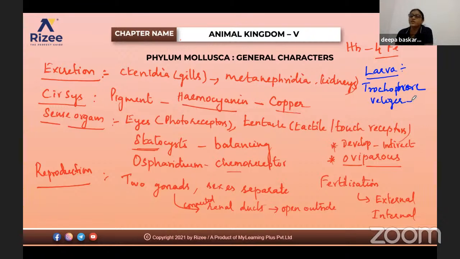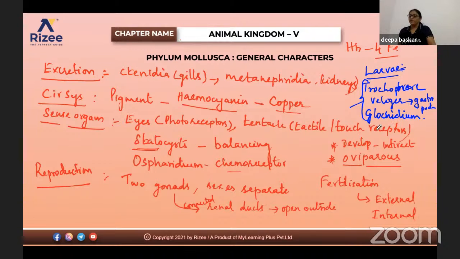Veliger is the larva for gastropoda, a different class present in the phylum mollusca. And one more is for pelecypoda, that is glochidium. So these are the three larvae formed during the development of different mollusks: trochophore, veliger, glochidium.